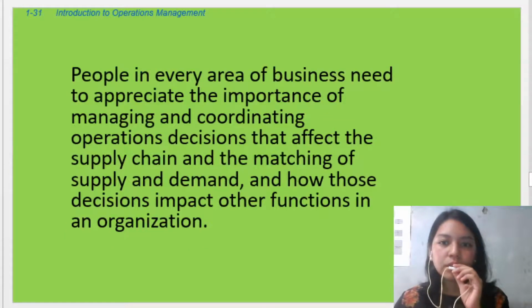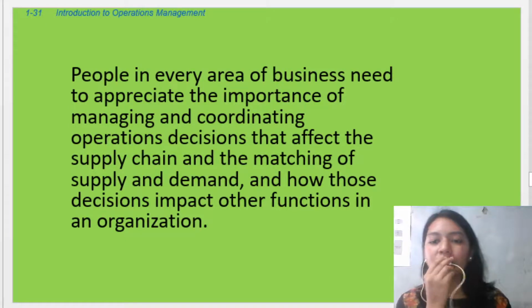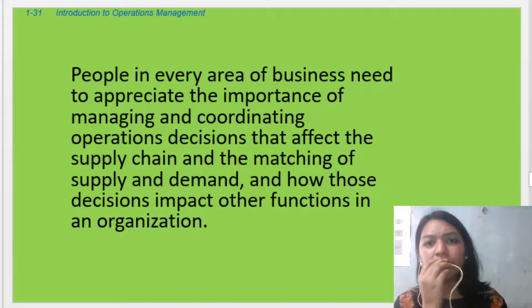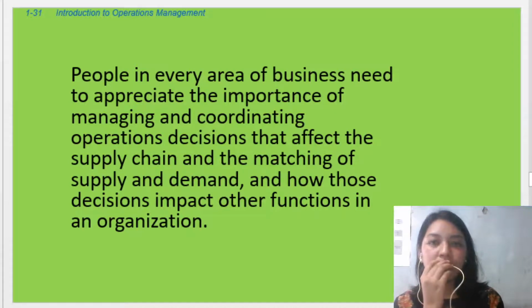Next is, people in every area of business need to appreciate the importance of managing and coordinating operations decisions that affect the supply chain and the matching of supply and demand, and how those decisions impact other functions in the organization. As I've mentioned, the marketing department is responsible for forecasting the demand of the customers in order for the company to match its supply to the demand of the customers.